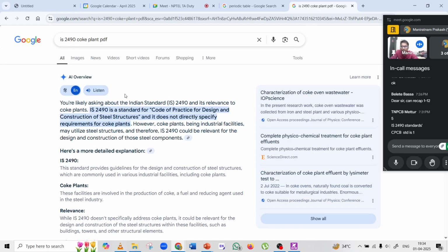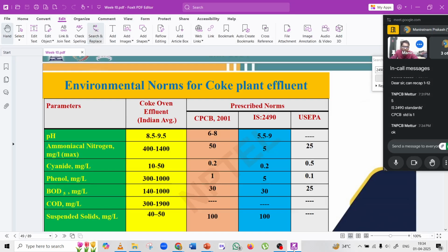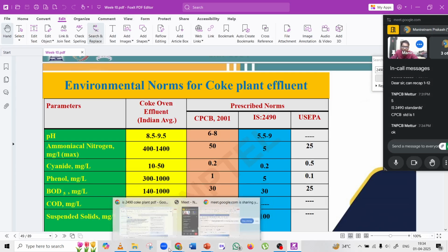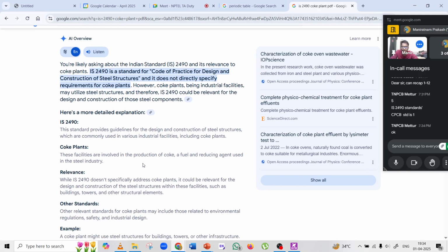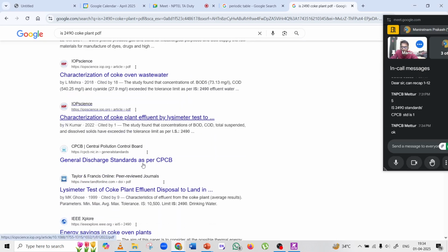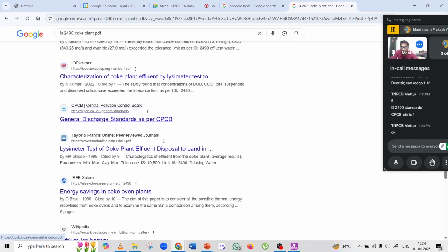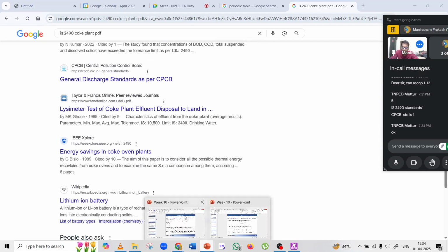So actually, in the PDF there is some mistake. Okay, now it will be 1 milligram per liter only. Now it's written wrong here. It will be 1 milligram per liter only.